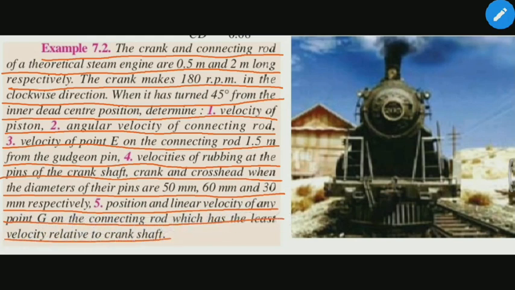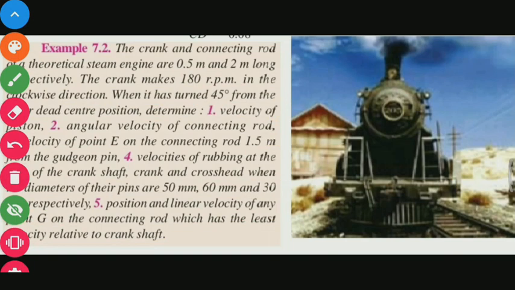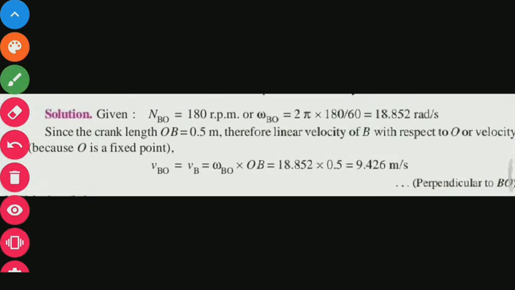Now from the given problem we can write down the given data. So NBO, which is the revolution of the crank, is equal to 180 rpm, given in clockwise direction, from which we can calculate angular velocity omega BO, that is 18.852.